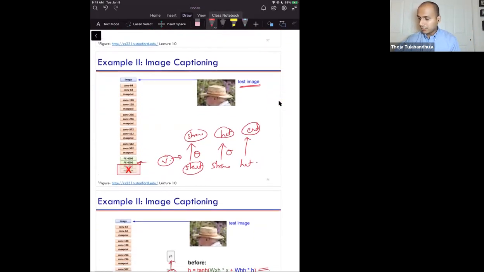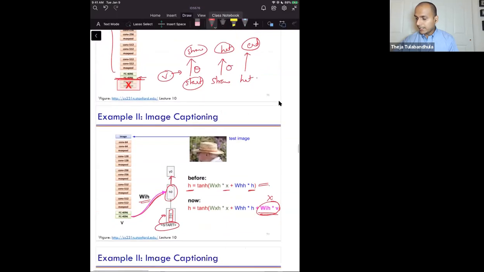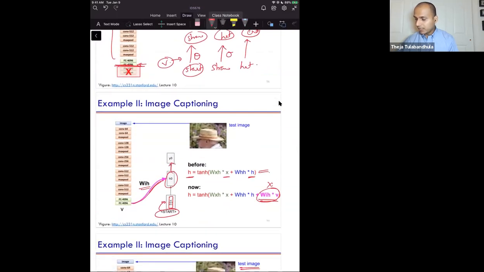In the next few slides we're just going over this. If you have an image and you use VGG16, then at some point you can take a representation of the image and add it as an extra input. This is the first step in the RNN, where you start with the start token, which could have its own representation.